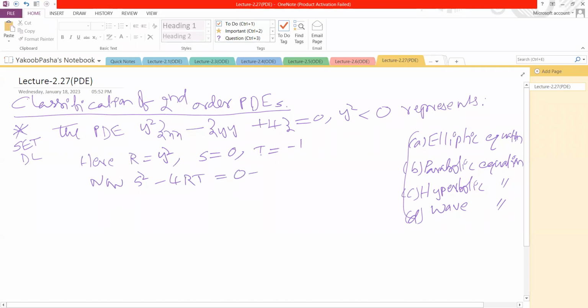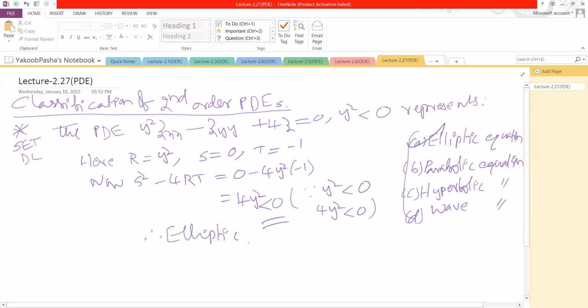That is 0 minus 4 into y square into minus 1. This is 4y square. As we know that y square is less than 0, so 4y square is also less than 0. When it is less than 0, the given equation is elliptic. Therefore, the given PDE is elliptic.